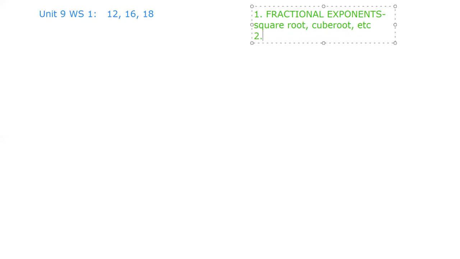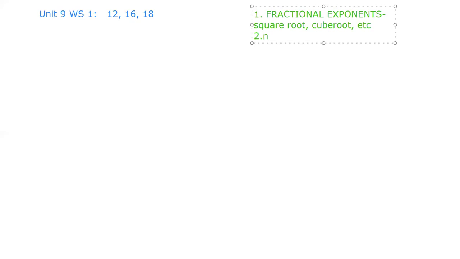And then option 2 is, if you wouldn't take the square root or the cube root or something like that to get your answer, then maybe you got a fraction for an answer where your base moved to the denominator. So let's go back and talk about what kind of exponent that would be.